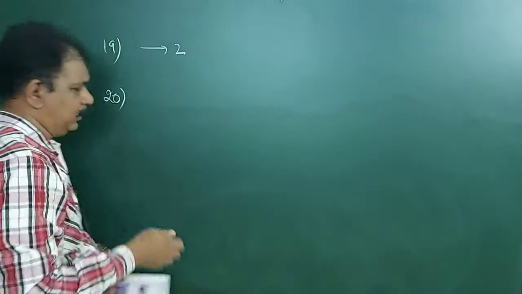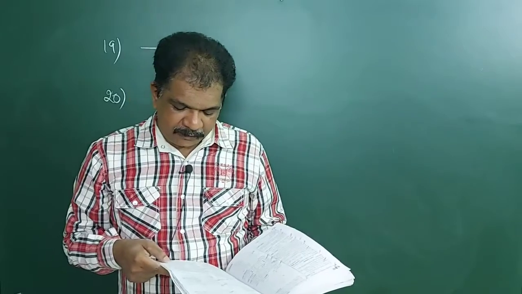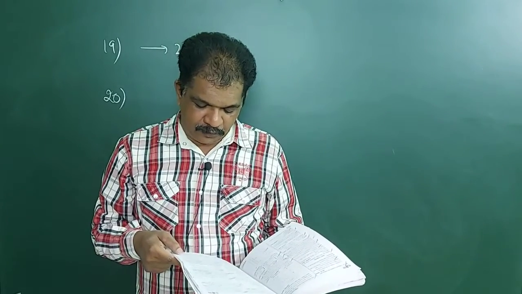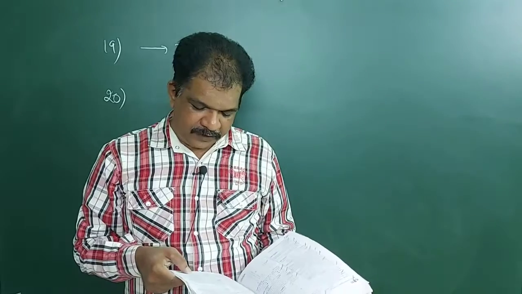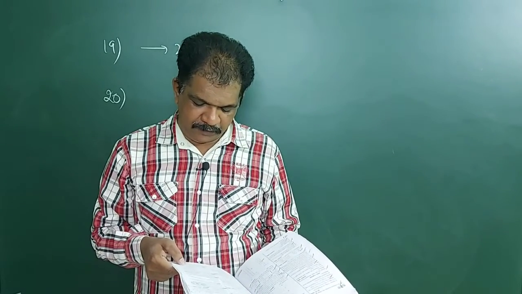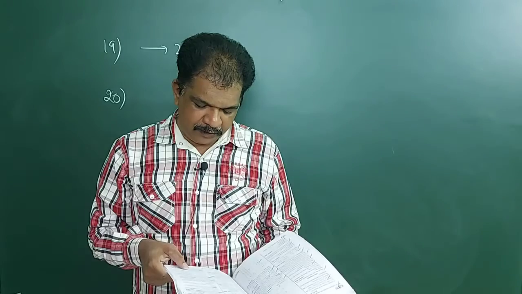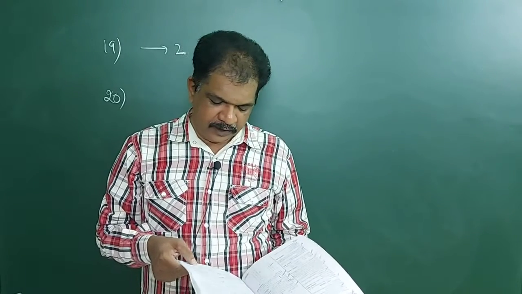20, you see. The symbolic representations for 4 logic gates are given. First is AND, which means second. NAND means it will be 4. NOT will be third. So 2, 4, 3.